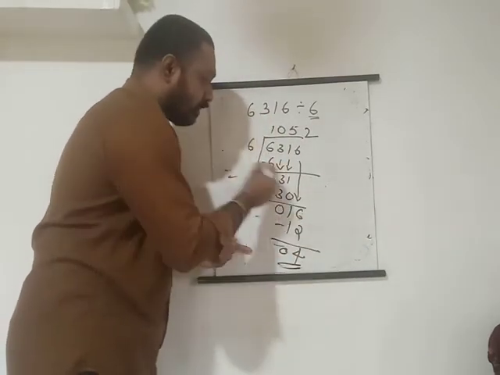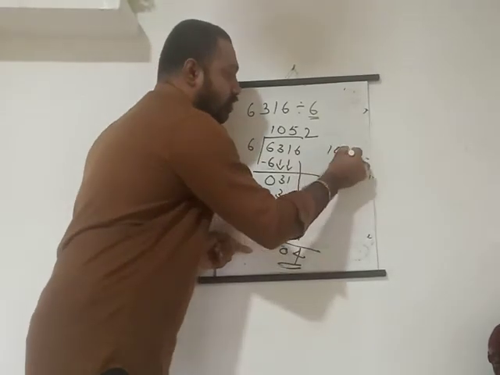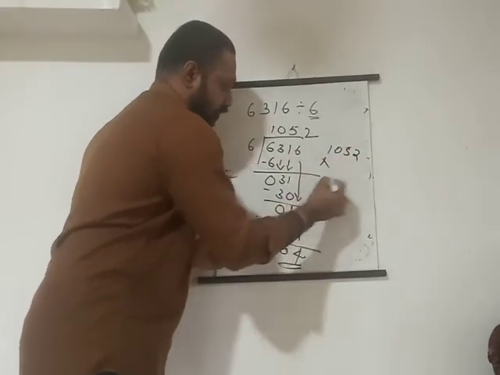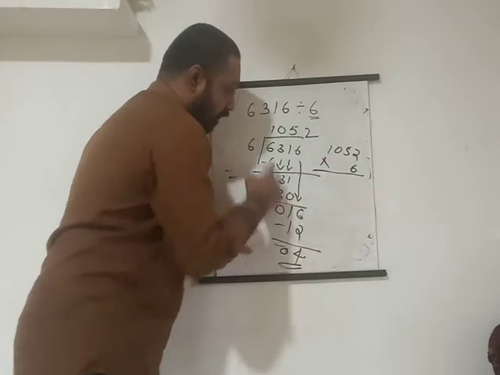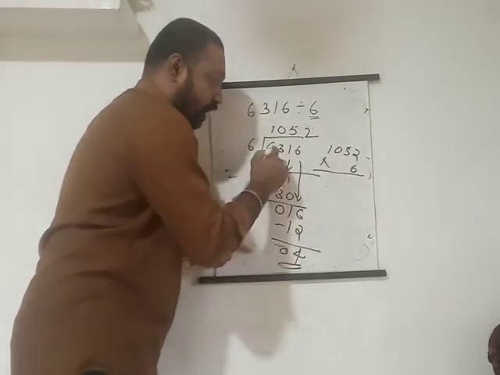So how can we check? We have to multiply and add. You multiply 1052 into 6 and add the remainder; then you have to get the dividend.